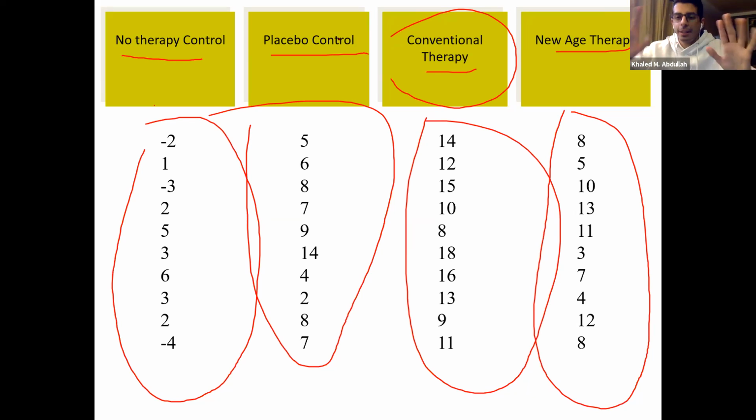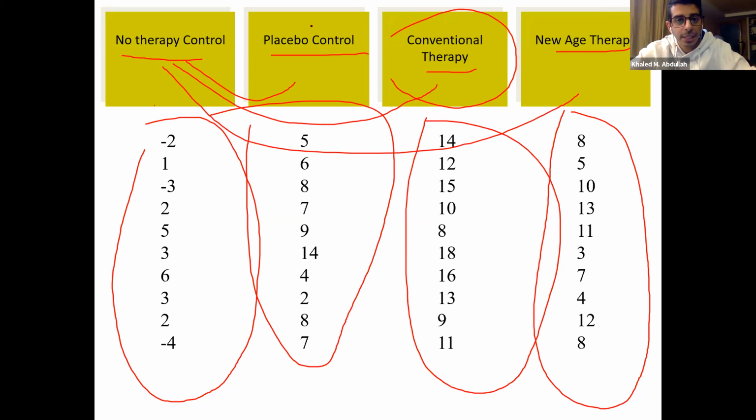But the idea is that if it was significant, let me show you how crazy it is. We can compare no therapy to placebo. We can compare no therapy to conventional. We can compare no therapy to new age. We can compare placebo to conventional. We can compare placebo to new age. We can compare conventional therapy to new age. And the other ones are opposite, so it's fine.